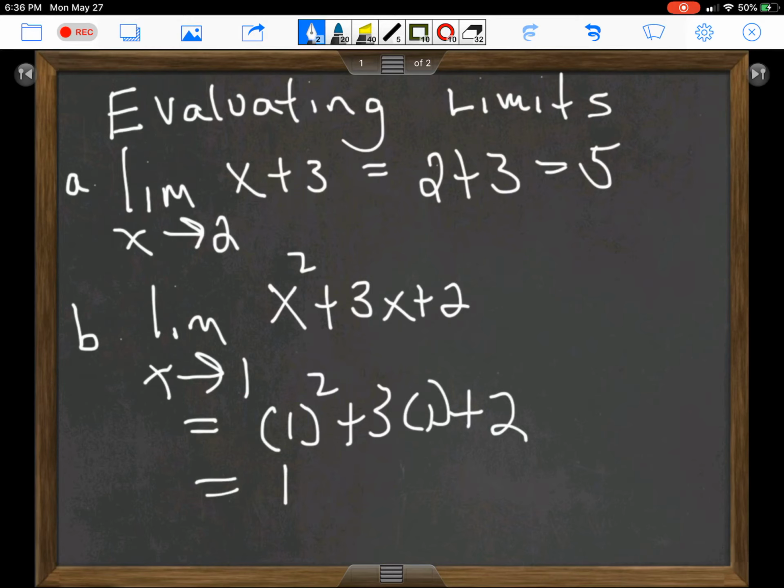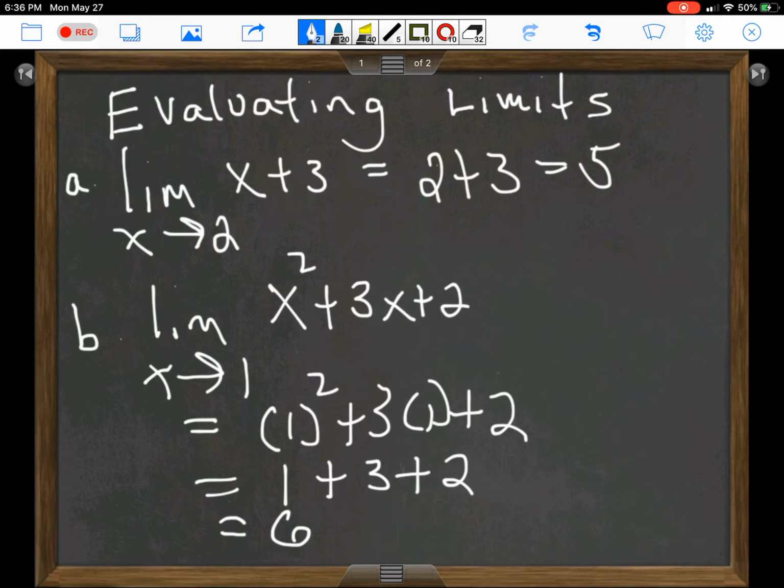We end up with 1 plus 3 plus 2. And 1 plus 3 is 4, 4 plus 2, we get 6. And that's all it is. Evaluating limits, we're using algebra. Right now, the first step, these problems are very basic, so we just use direct substitution.